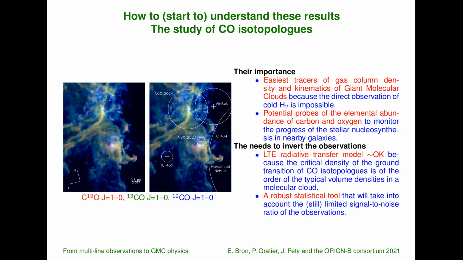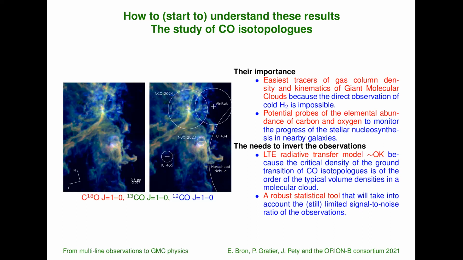So this is one reason why we first focused on CO isotopologues. The other one is that CO isotopologues are known to be a probe of elemental abundance of carbon and oxygen, mostly in nearby galaxies, and the idea is to monitor the progress of stellar nucleosynthesis.